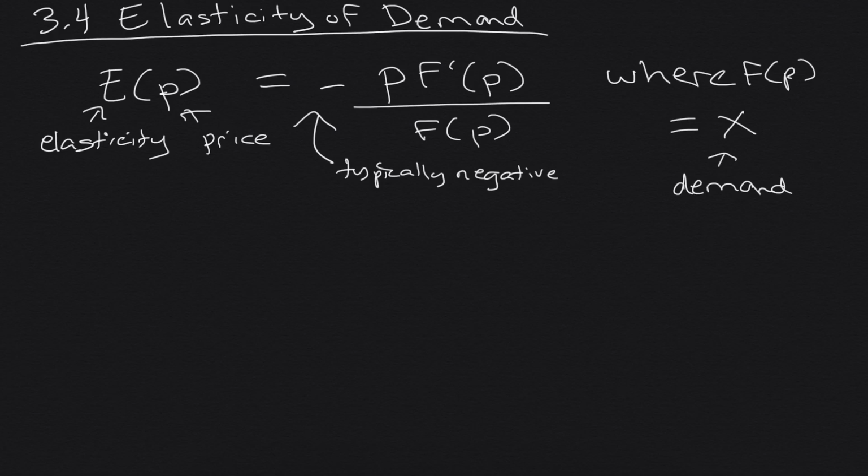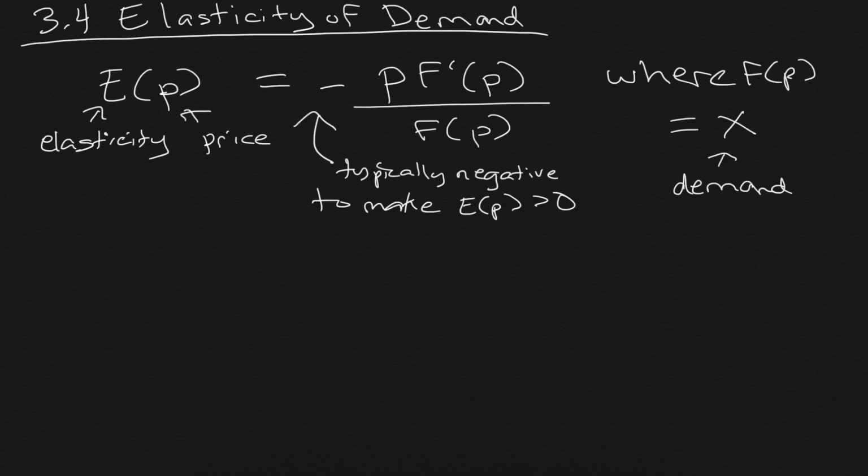It just makes the answers look a little bit better because they'll typically be positive. So that negative is really just there to make E of P positive, or greater than 0, however you'd like to say that.